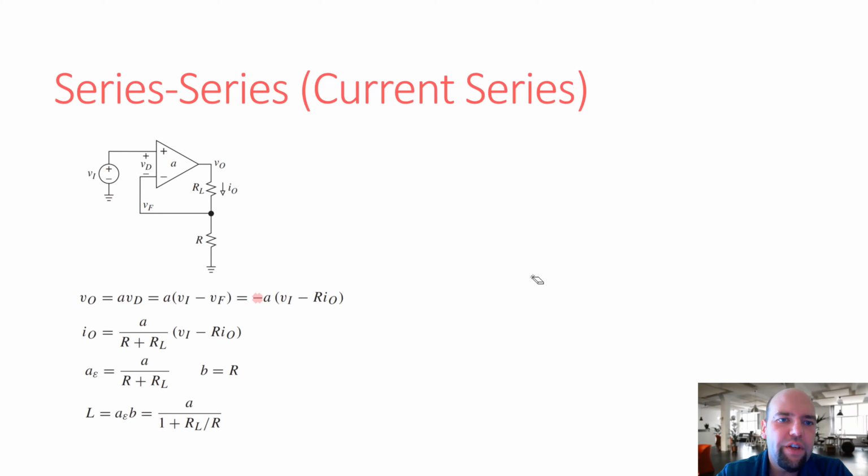So we have our equation for the op-amp: V out equals A times VP minus VN. VP is fairly easy because VP is simply going to be V in.